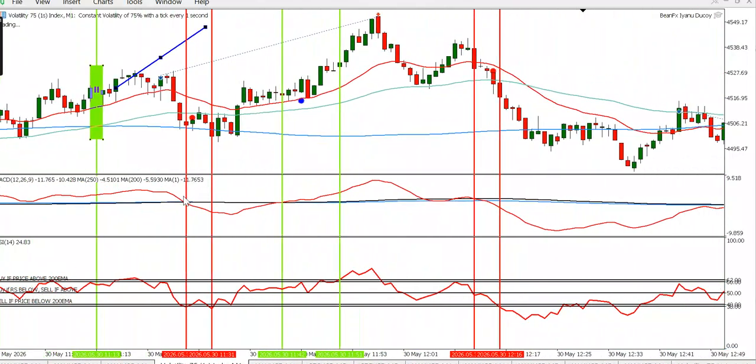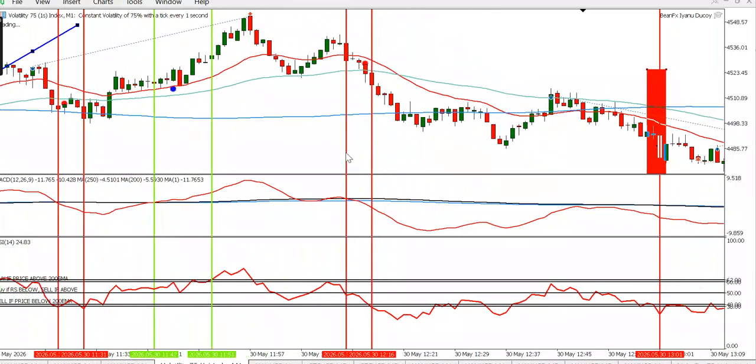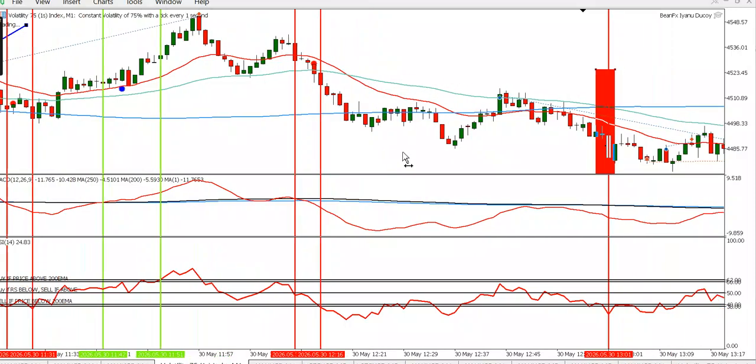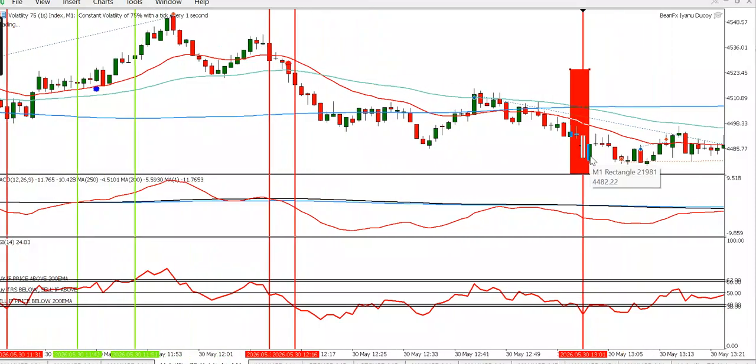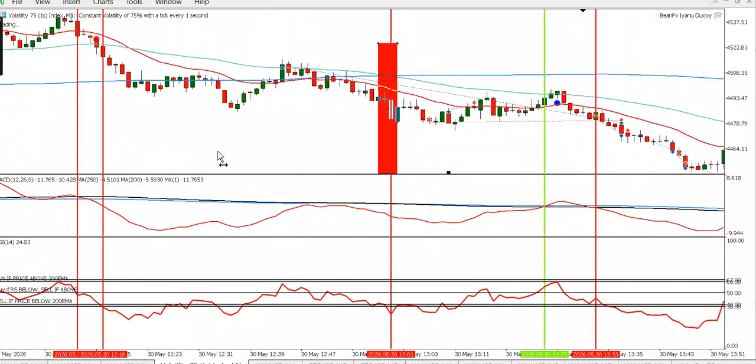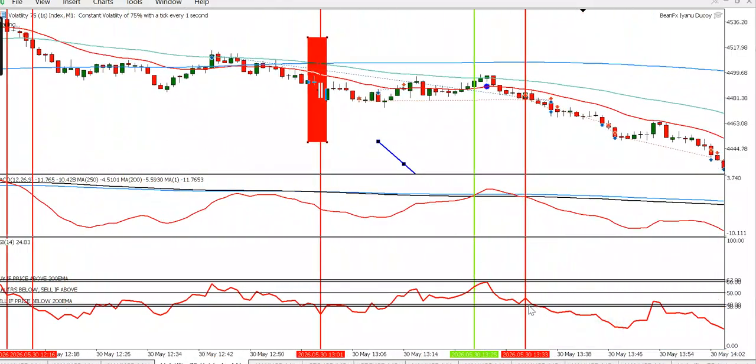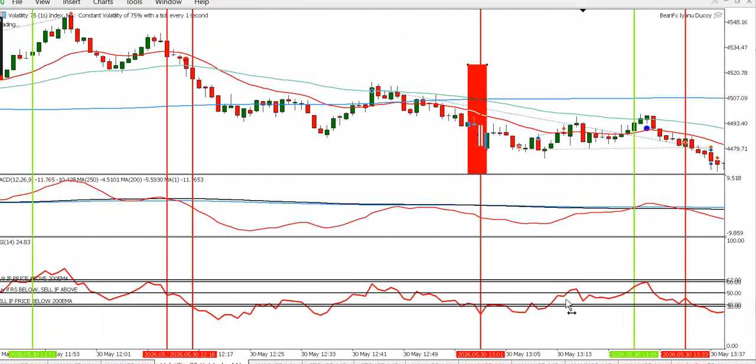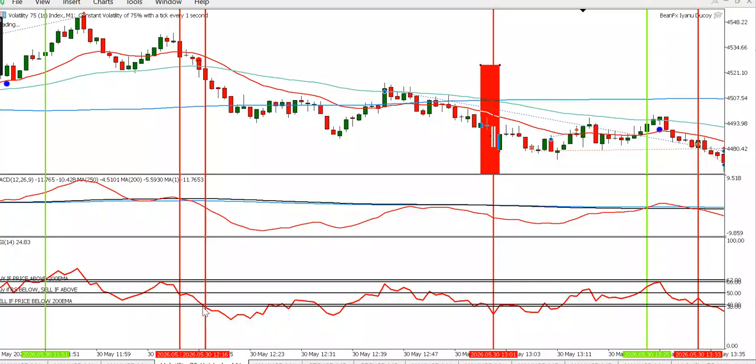Now, this is our sell signal on indicator window 1. Where do we have sell signal on the main window? We don't have sell signal here. Sell signal here.